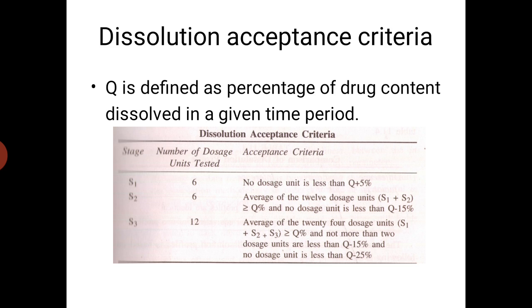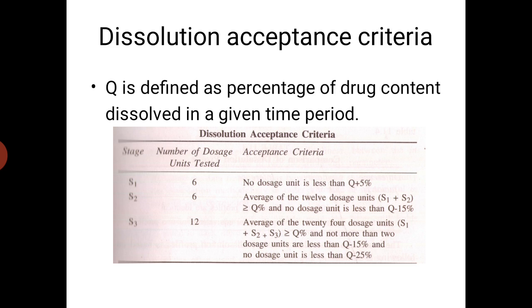Now if it fails in stage 2, it goes to stage 3. There we have to perform the dissolution of another 12 tablets, and the average of stage 1, stage 2, stage 3, now we have 24 tablets, the result of 24 tablets. Here the acceptance criteria is more liberal.